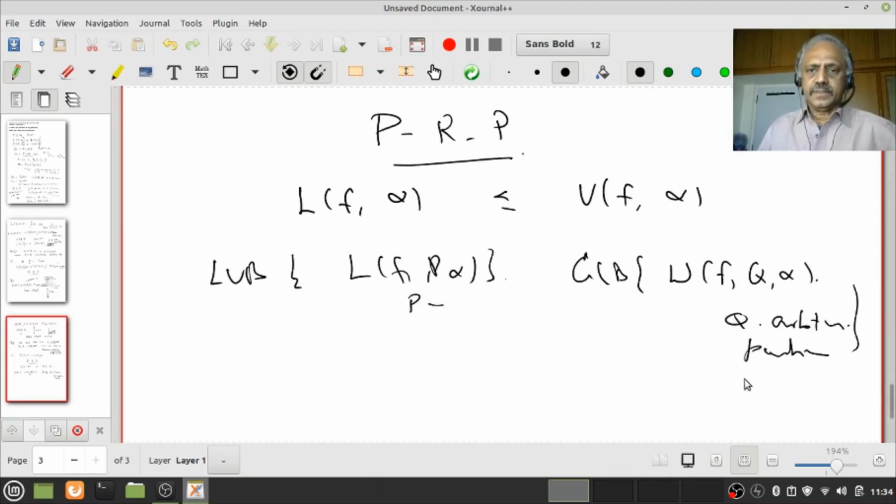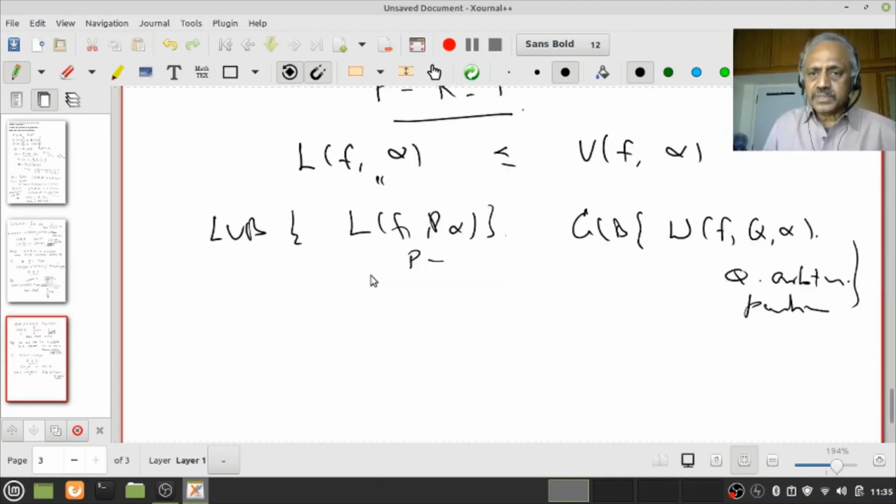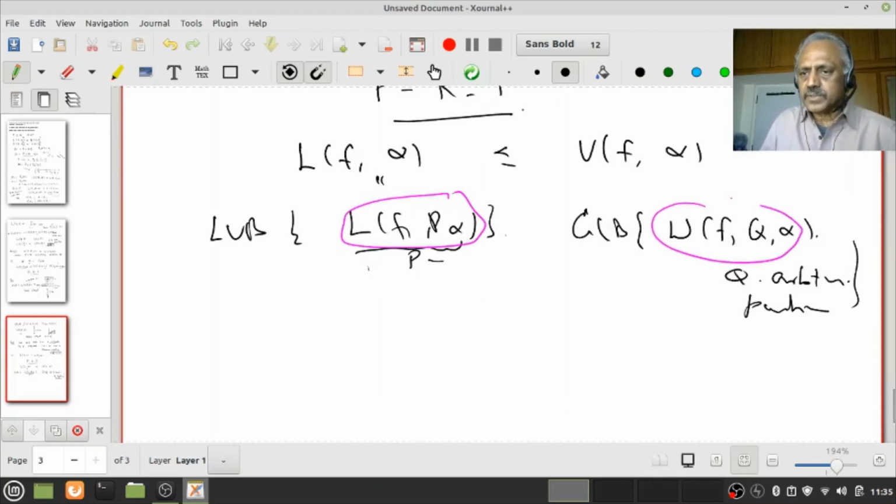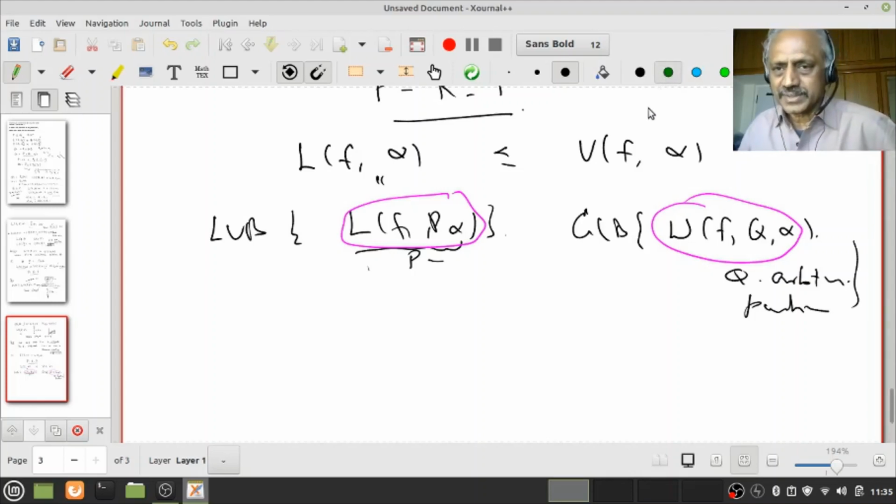Now I want to know how to compare. What I know is each of these numbers L(f, P, alpha) is less than or equal to this number, whatever P and Q are. That's what we proved. We want to make use of that.